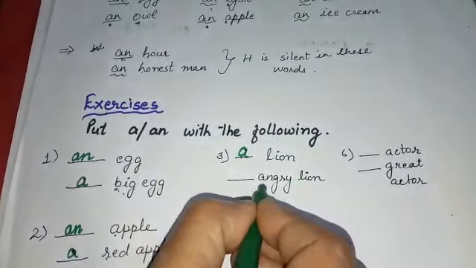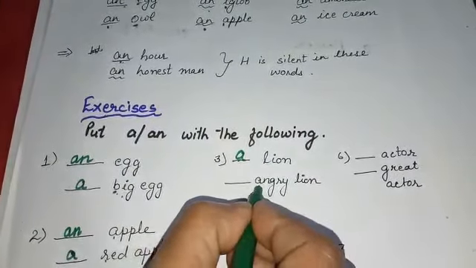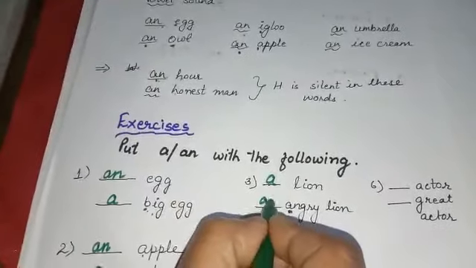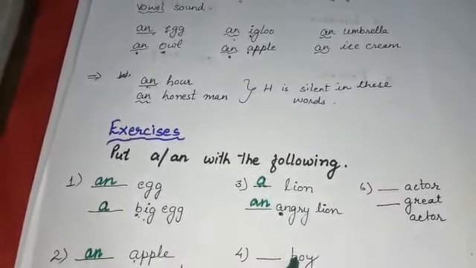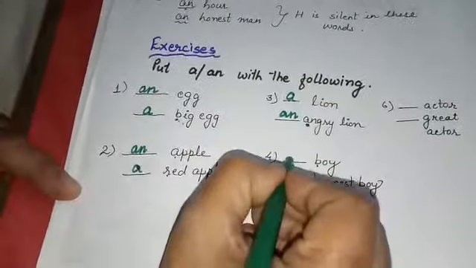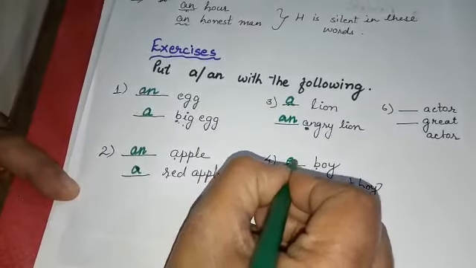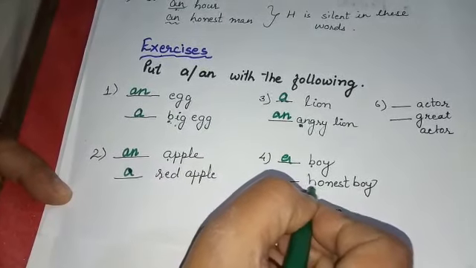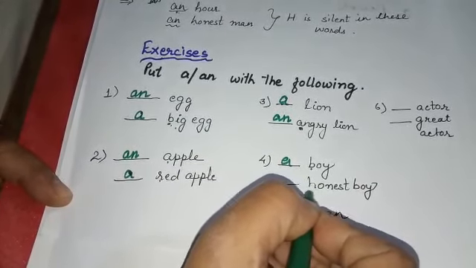Lion. A lion. Angry lion. Angry is starting with A. So what will you use? An angry lion. Boy with the B letter. So a boy. Honest boy. Remember the exception that is there.